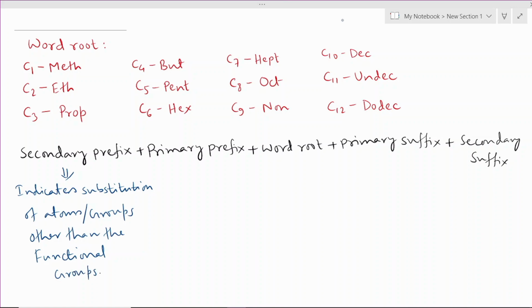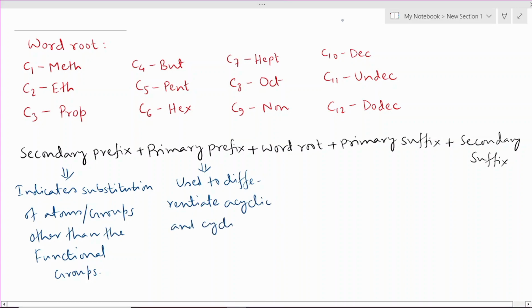And what does primary prefix indicate? It is used to differentiate acyclic and cyclic compounds.